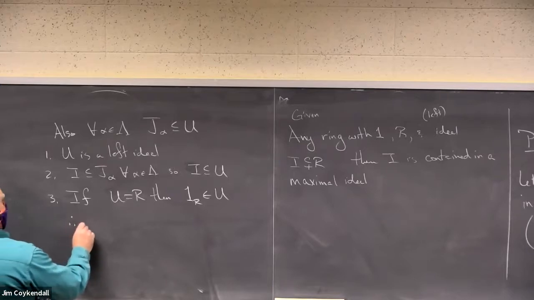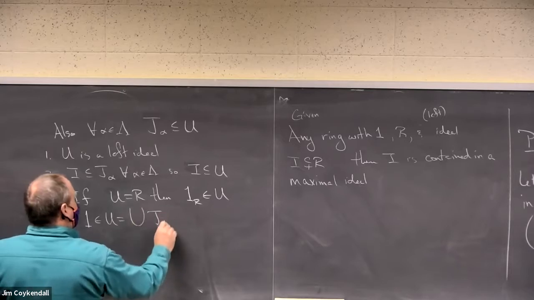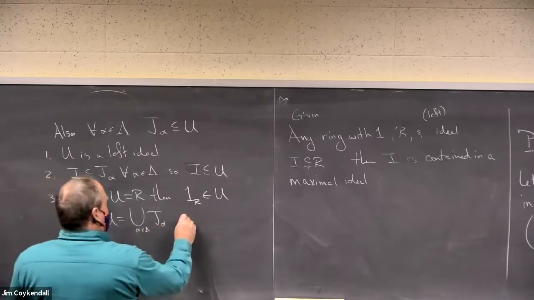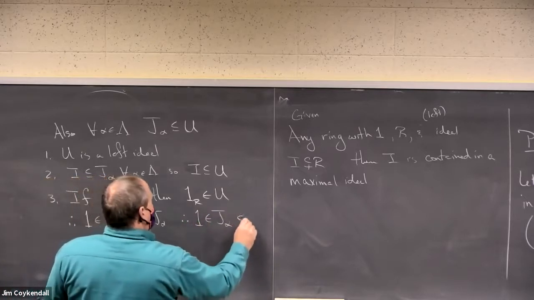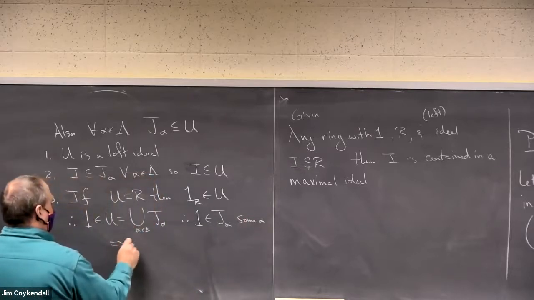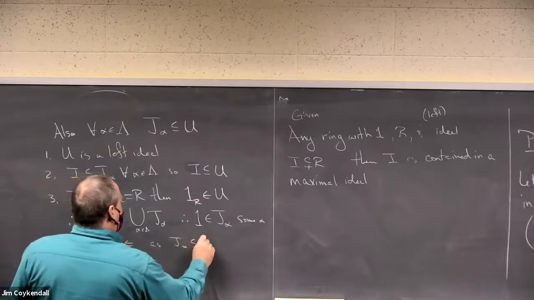Therefore, one is in U, which is the union. Therefore, one is in J alpha, some alpha. And this is a contradiction. J alpha is supposed to be strictly contained in R.